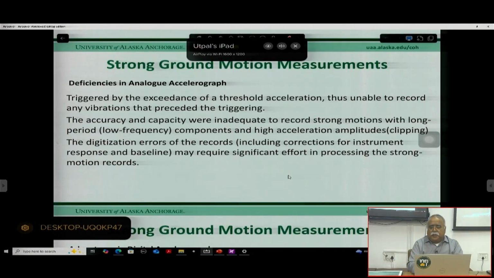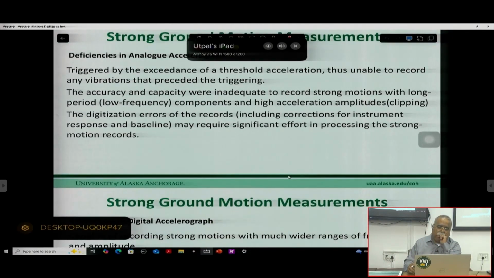If you see any record of the analog accelerometer from once upon a time, the recording will look like this. This is all curved, and then we have to make it straight, and then we have to digitize it by putting a strip, and it will be very difficult.